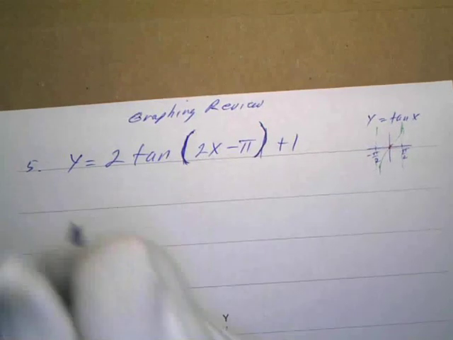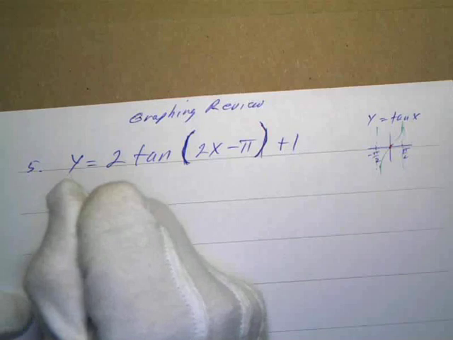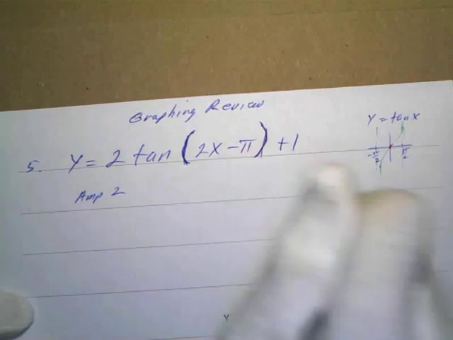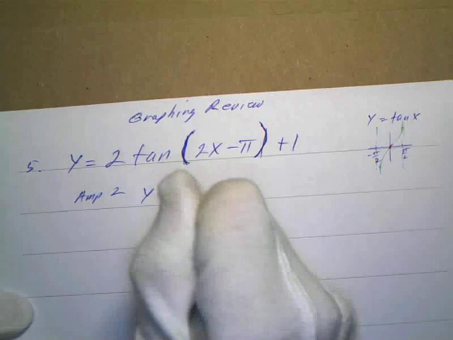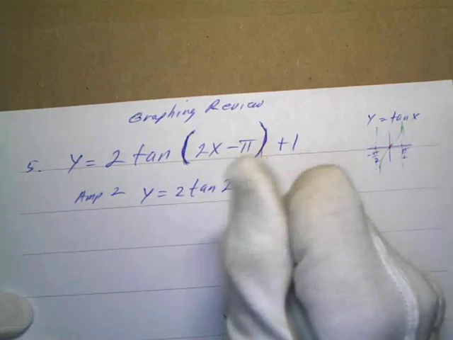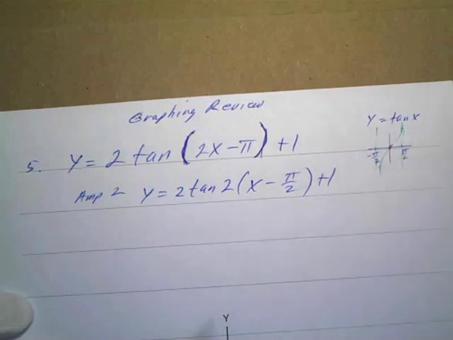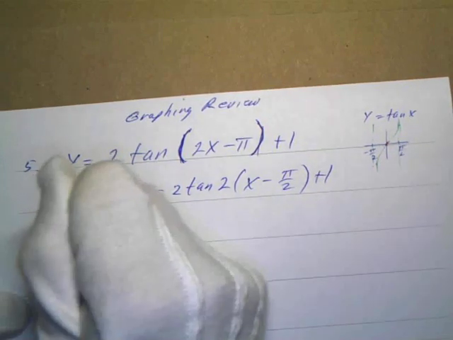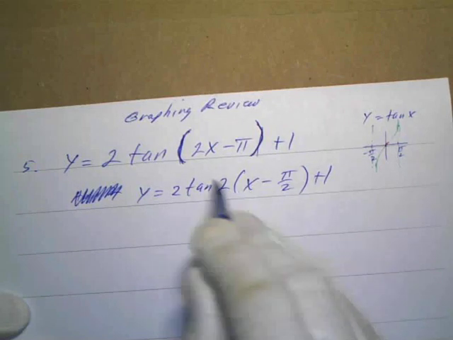Okay, so here my amplitude is 2. I'm sorry, I got to factor this out, excuse me. Take the 2 out, and I've got x minus pi over 2 plus 1. Okay, and that's going to be 2x, and then the 2's cancel.